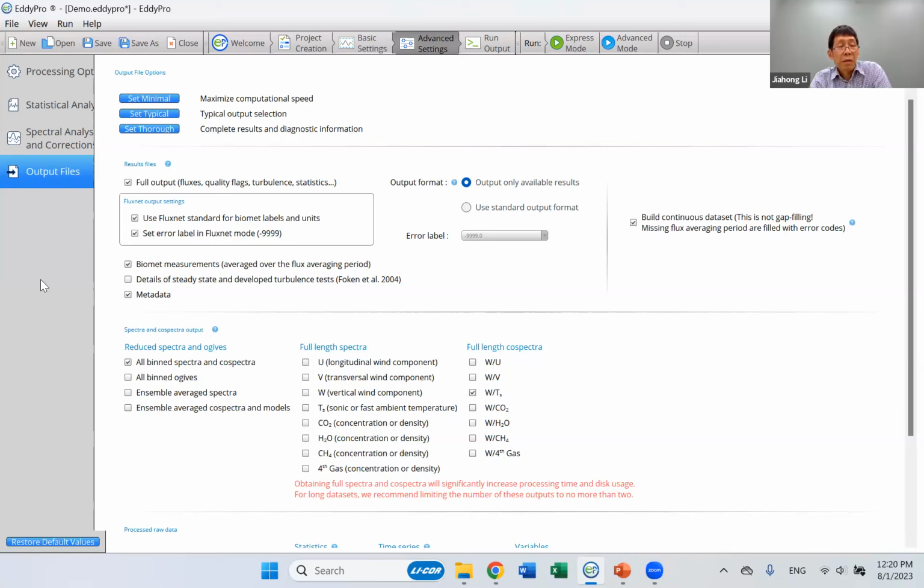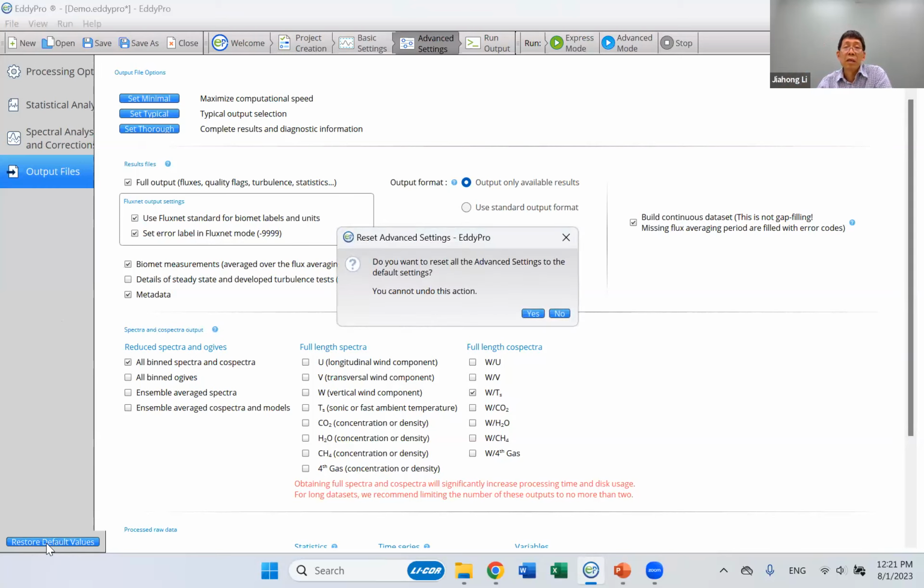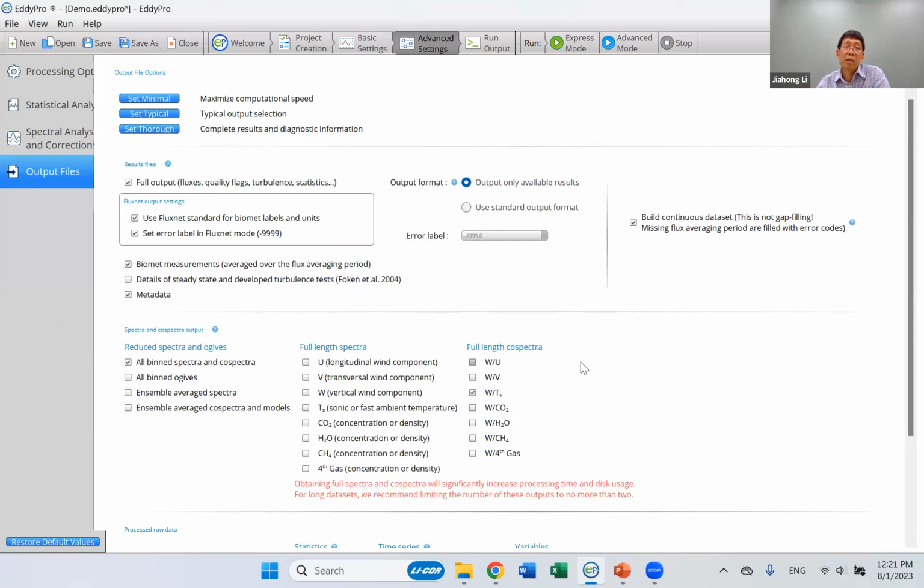And for some new users, it's probably hard to do all the configurations. So the best way is to click restore default values here. As you see from the message, this will reset all the advanced settings to default settings. So we'll clear here.